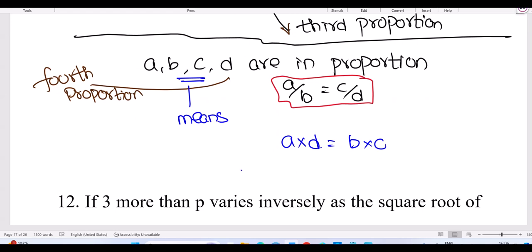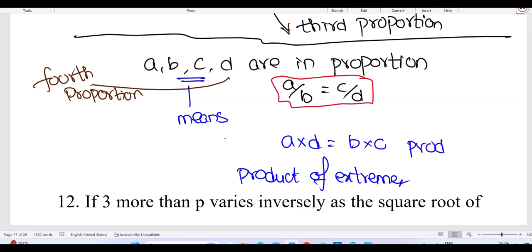That is why they call it product of extremes equal to product of means. This is related to this ABCD. People will say this rule, but this is from proportion.